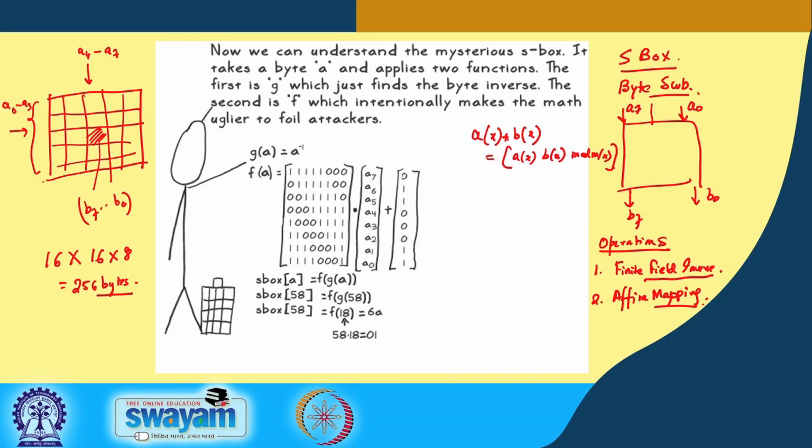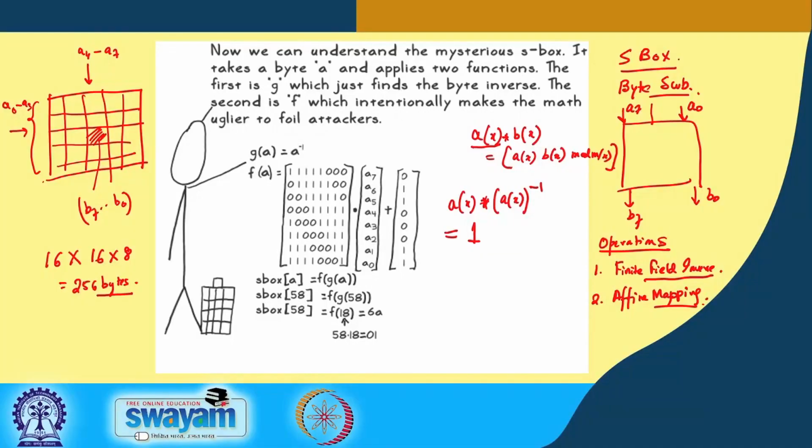Now the finite field inverse means that if I give you an element a(x), the finite field inverse of a(x) is such that if I multiply a(x) with its inverse, with this definition of multiplication, then I should get back 1.